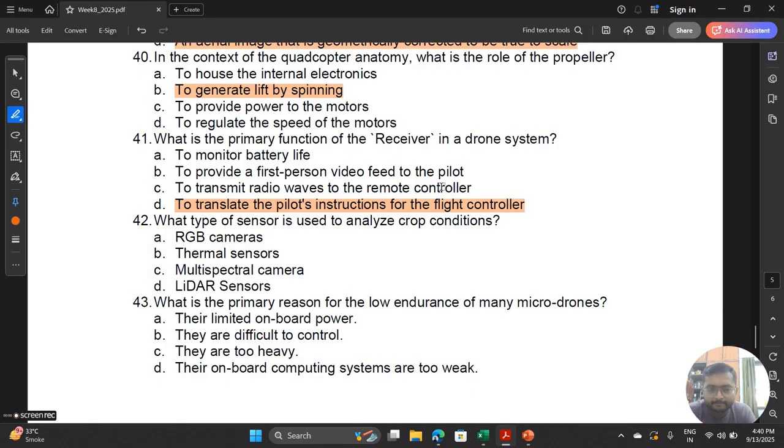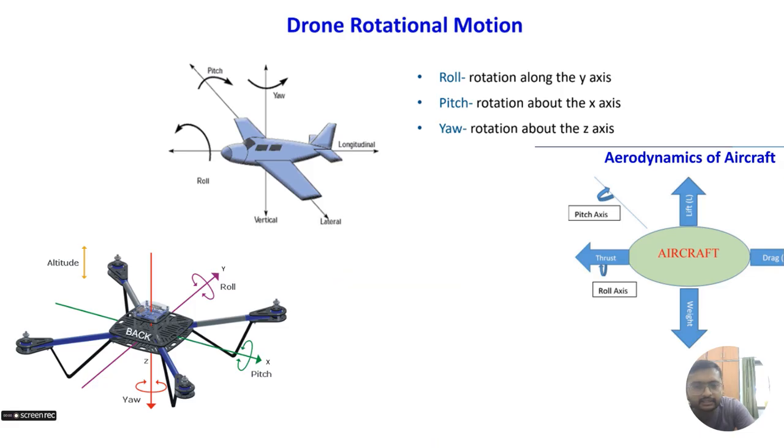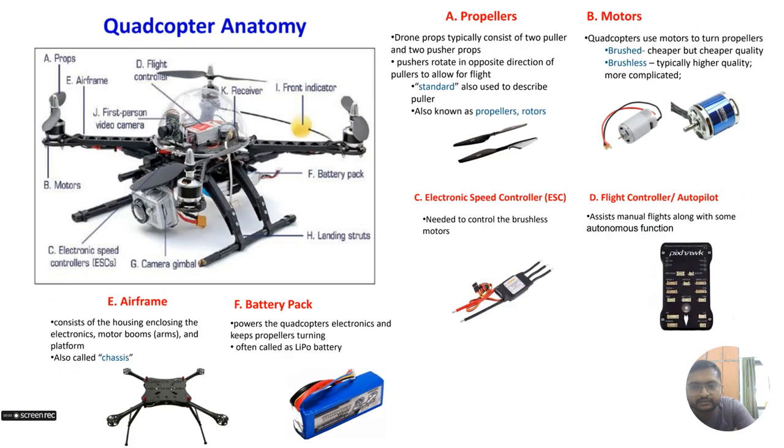Sir, can you explain this, to translate the pilot instructions for the flight controller? I'm telling the drone to pitch forward, meaning move forward. I am giving this instruction through my controller, and that should reach the flight controller. Now, what is the flight controller? As we have seen in the PPT, this is your flight controller, which is mounted inside the drone.